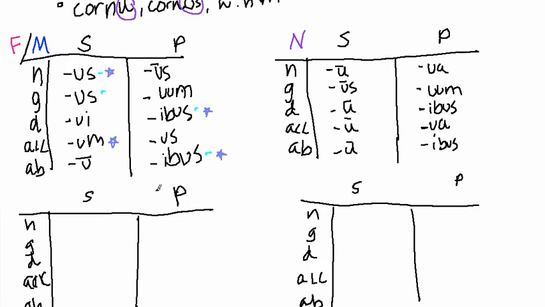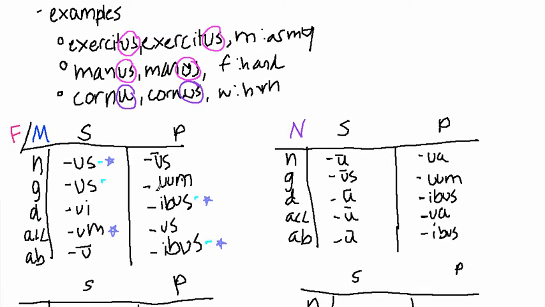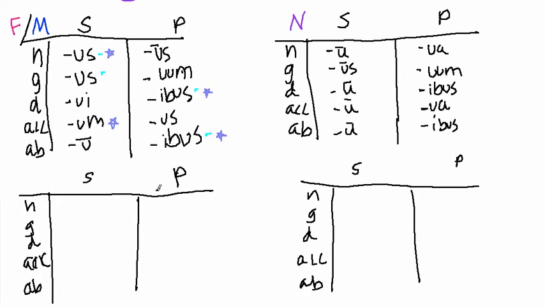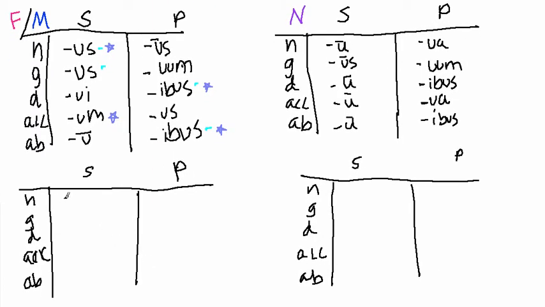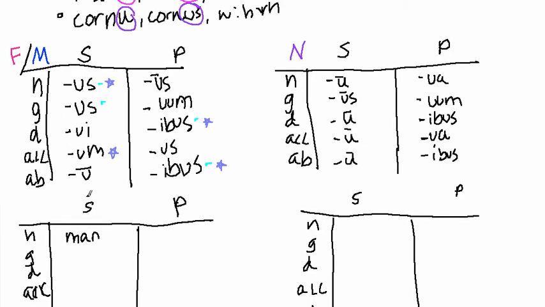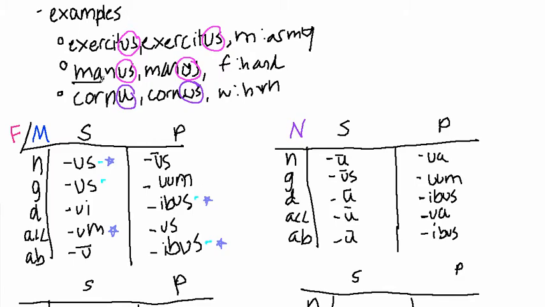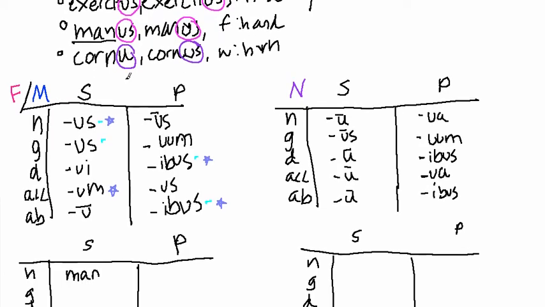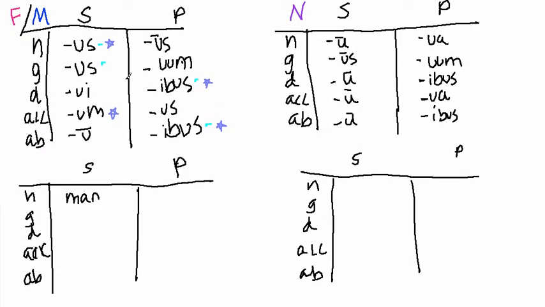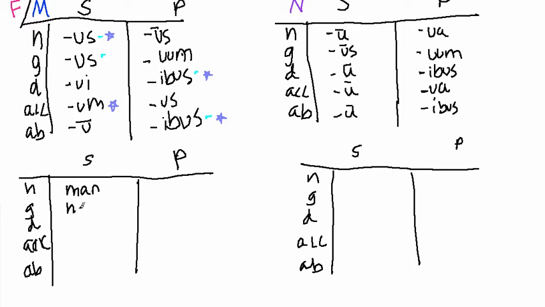Okay, so the ones I used above, I'll go with manus for the masculine or feminine. So you can take your stem, or you can just write the whole word itself. But I'm just going to go ahead and copy down the stem in all of the case slots. And turns out it's man for this.